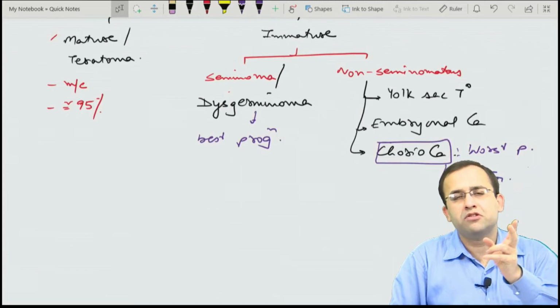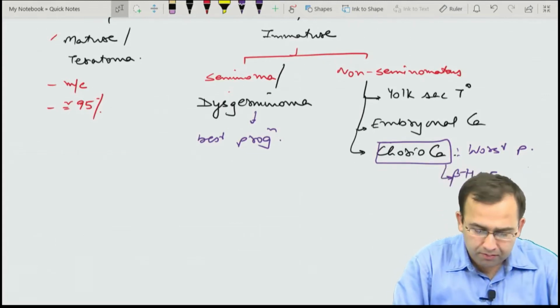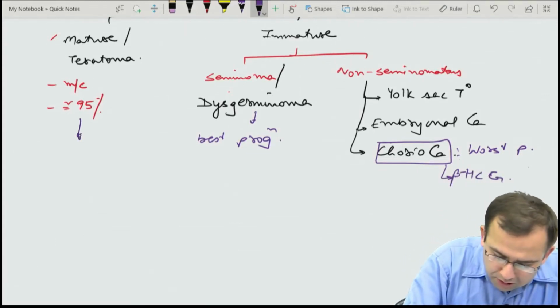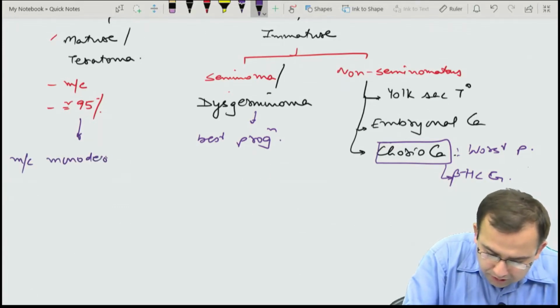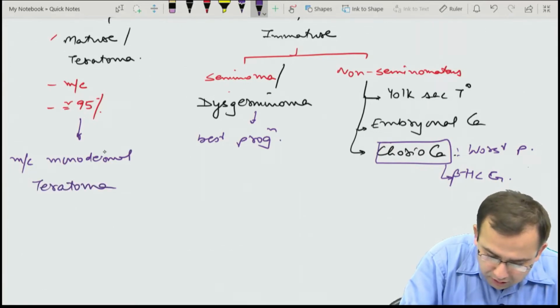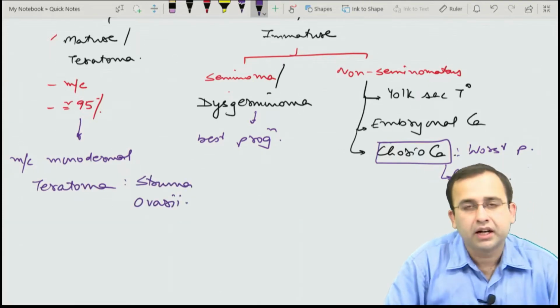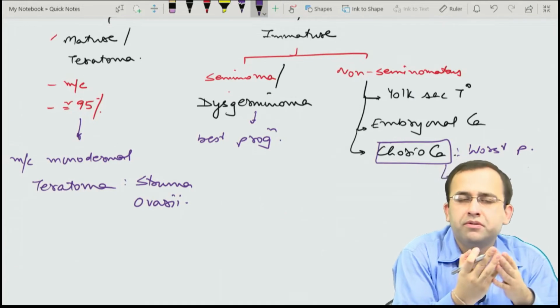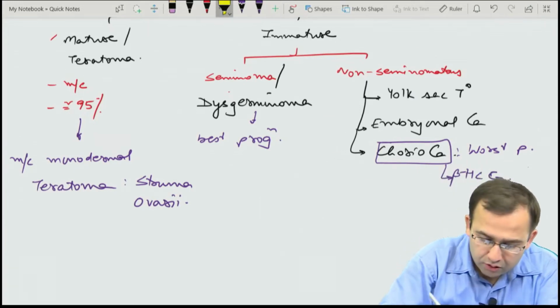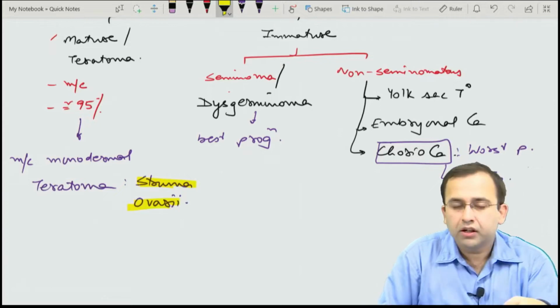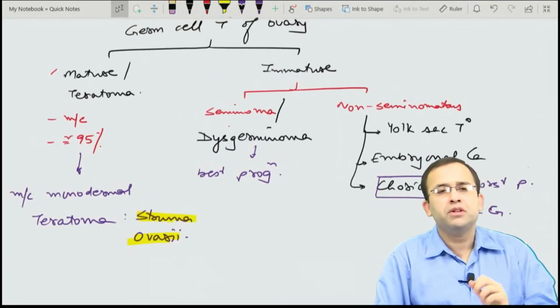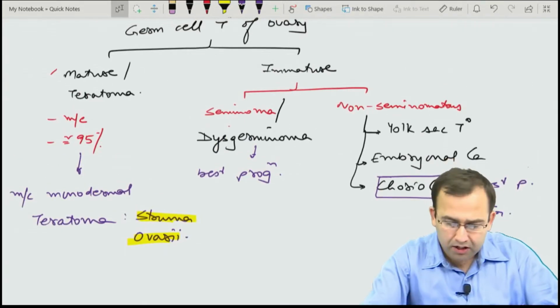Next point, teratomas. We have seen they have all three layers, ectoderm, mesoderm, endoderm, but they can be monodermal also. Most common monodermal teratoma is struma ovari, which has a single layer and shows the presence of thyroid in the ovary. Teratomas are mature tumors, but they can undergo malignant transformation.